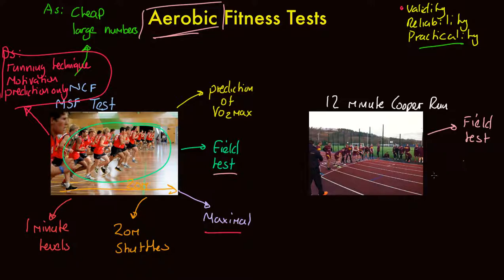Secondly, the test lasts for specifically and exactly 12 minutes. So unlike the multi-stage fitness test where we don't know at the start how long it's going to take somebody, this is specifically a 12-minute test. And athletes are, again, encouraged to either run, but they can also walk.